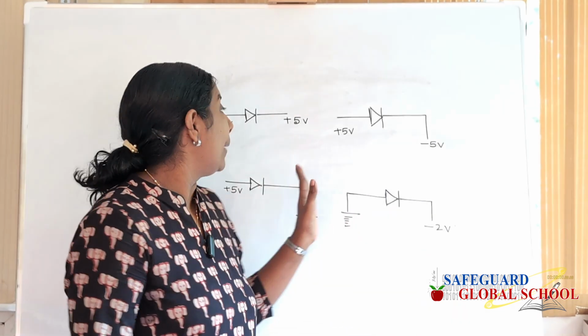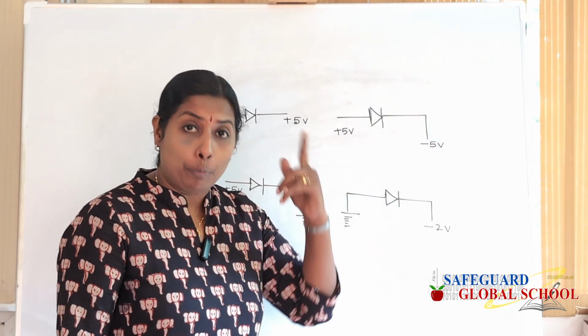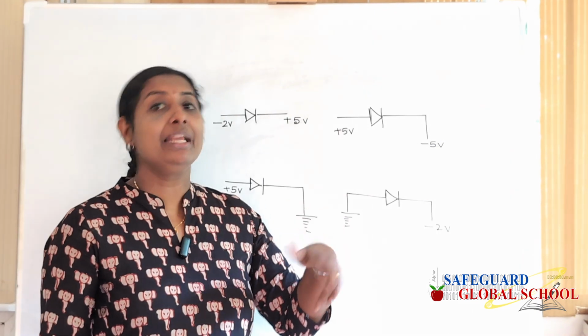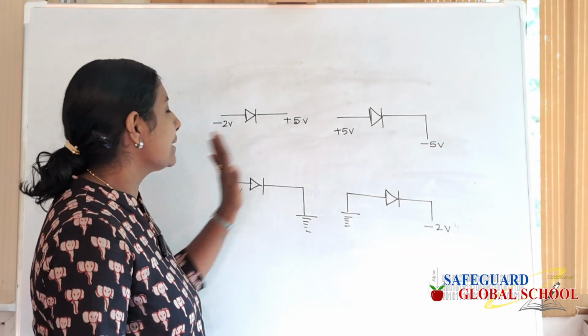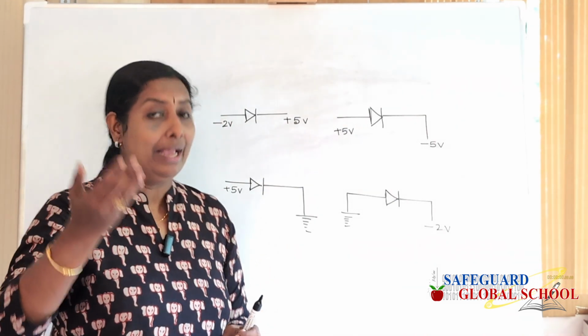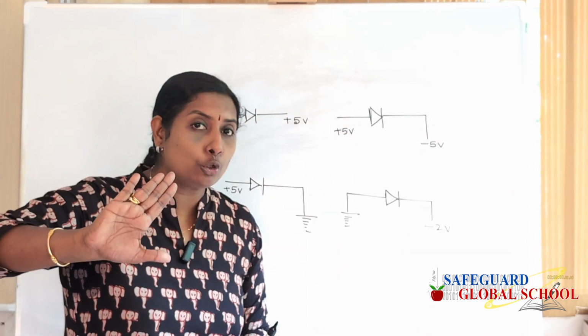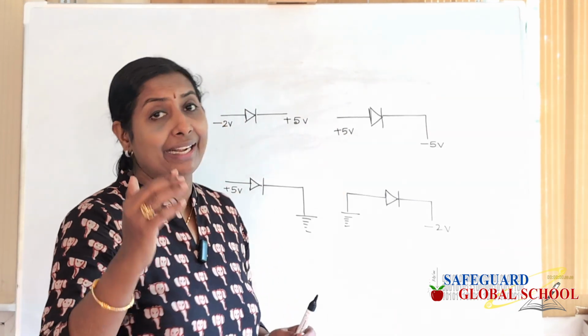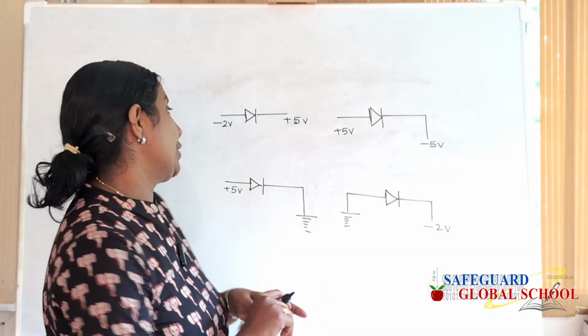But in reverse bias, the positive side of a diode is connected to the negative side of the battery and vice versa. So while analyzing this question, we have to understand this in another way. The positive side should be connected to the higher potential and the negative side should be connected to the lower potential. That is it.